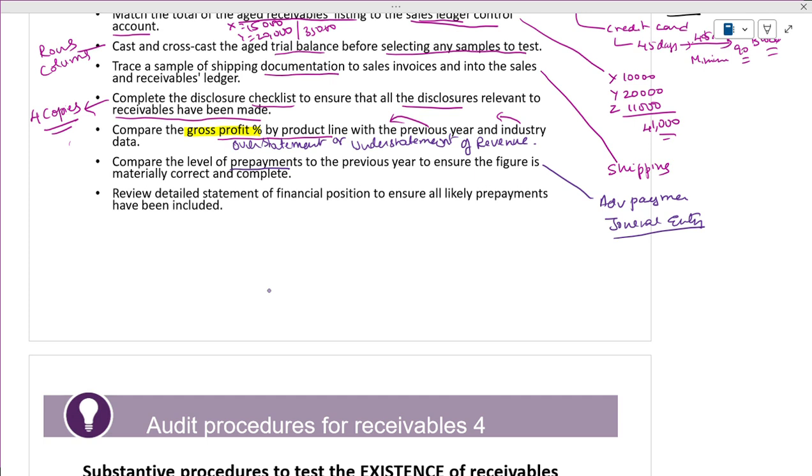Assume there is a sale. Is that sale going to be 10,000? Advance payment is 1,000 and the balance receivable is 9,000. Then what is the general entry you will write?